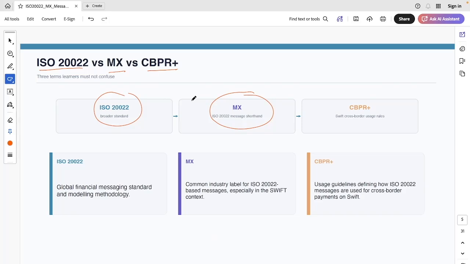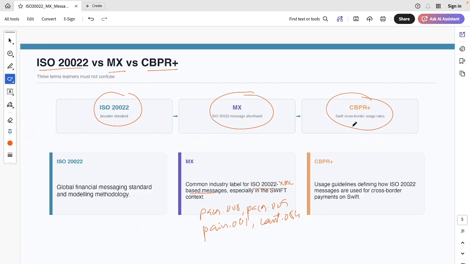When someone says MX message, they usually mean ISO 20022 XML based messages, such as your PACS.008, PACS.009, PAIN.001, CAMT.054, right?